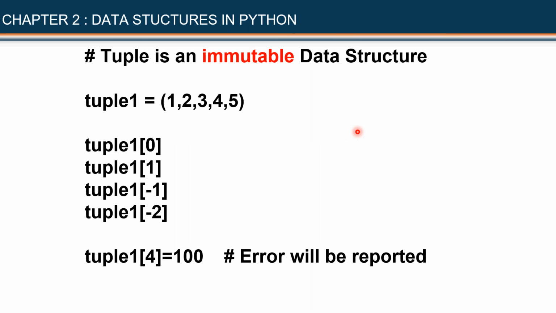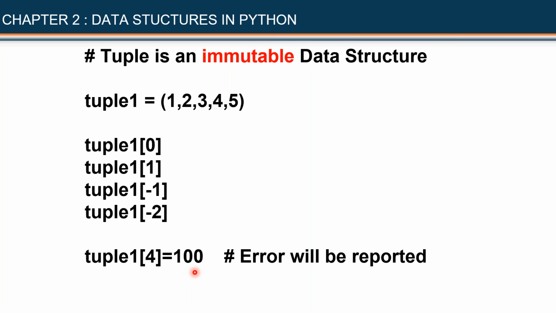You want to retrieve the last but one value. If this notation is not available, then you have to start counting from the beginning: 0th position, first position, second position, third position, 47th position, 48th position, and it is going to take a lot of time. But since this notation is available, when you want to retrieve some value from the right hand side end, you start counting from -1. All right.